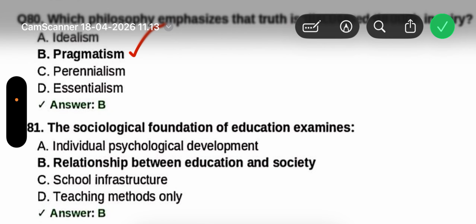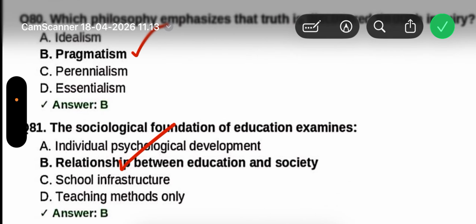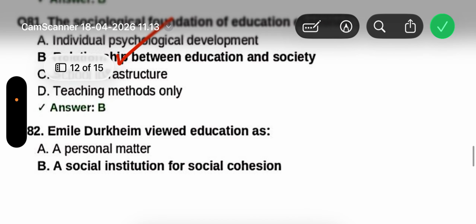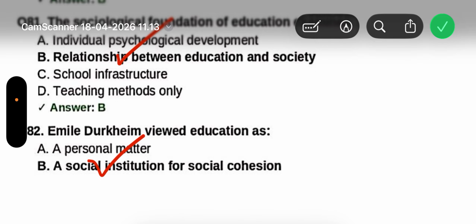Question number 81. Sociological foundation of education examines the relationship between education and society. Option B. Question number 82. Emile Durkheim viewed education as a social institution for social cohesion.